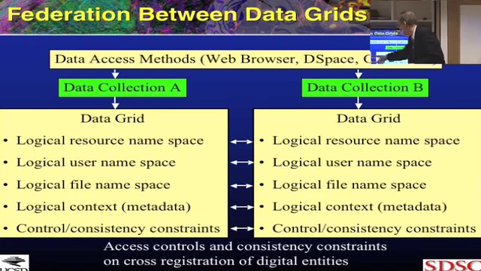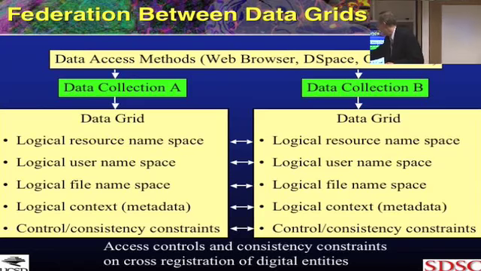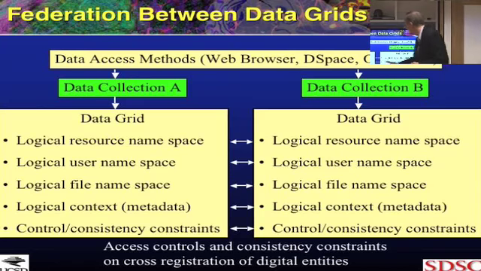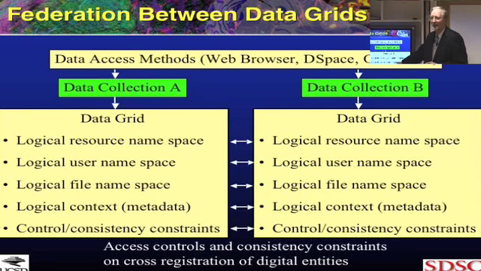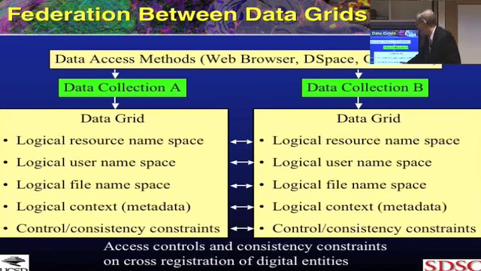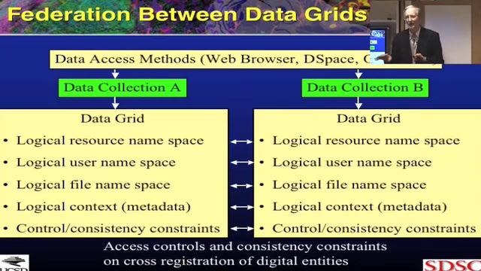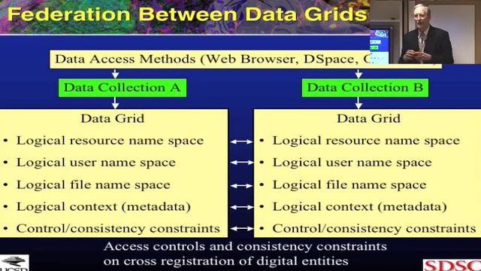Will data grid A be allowed to write on resources in data grid B? Will a user who has an identity in data grid A be known by data grid B so they can apply access controls on it? Or will the user in data grid A only be able to access public data in data grid B? So you can build a quite wide variety of federation environments, and many of them are running here in the UK, in the UK eScience data grid, for controlling how you want to share data from one shared collection to another shared collection.